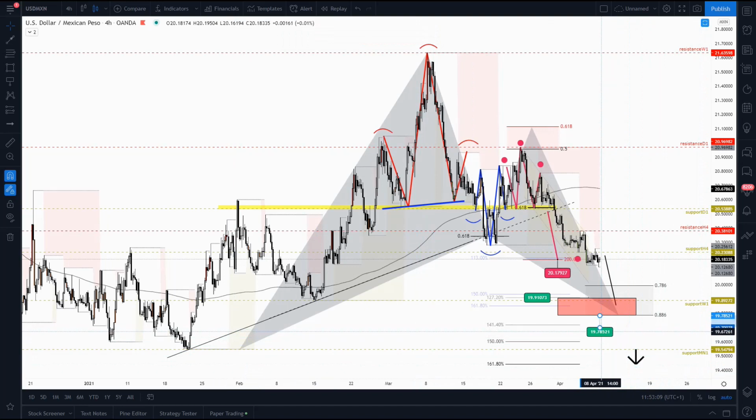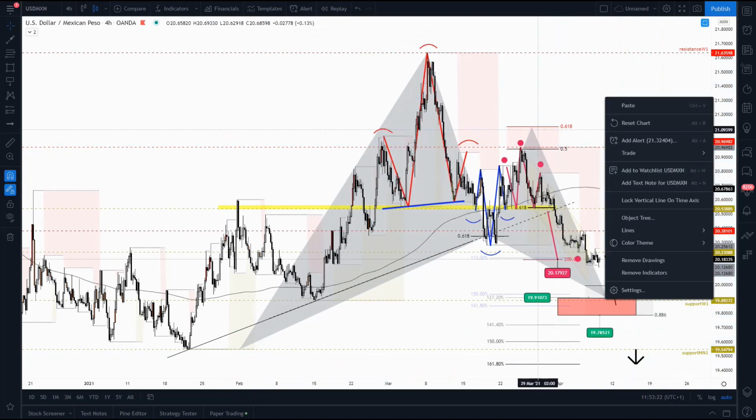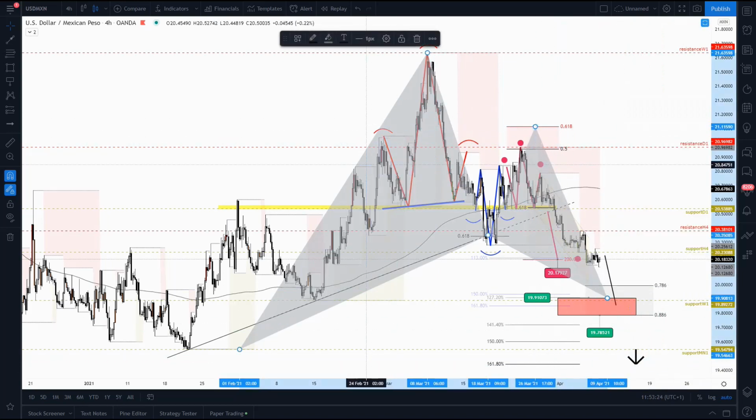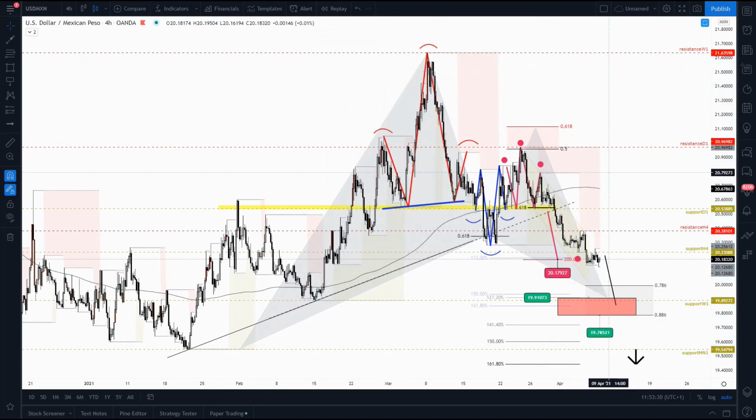So we need to see the violation of that fractal support in order to invalidate the pattern. That being said, we can see the patterns being formed inside this range, with stops forced to be positioned below the monthly fractal. So if you want to trade harmonic patterns, you need to understand where they will invalidate. The only thing that you can do is to adjust your position size, your number of lots, your units, whatever you trade.